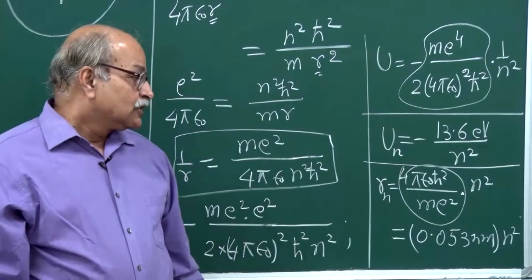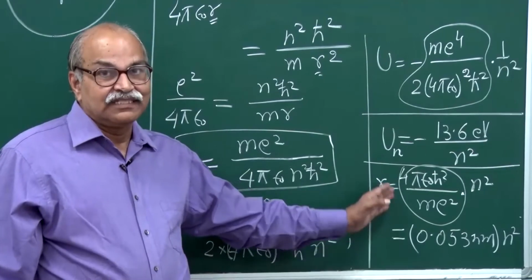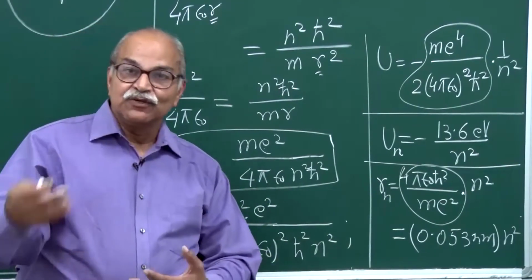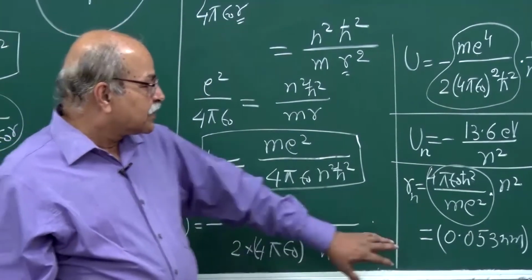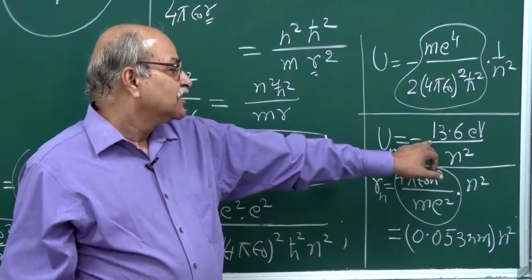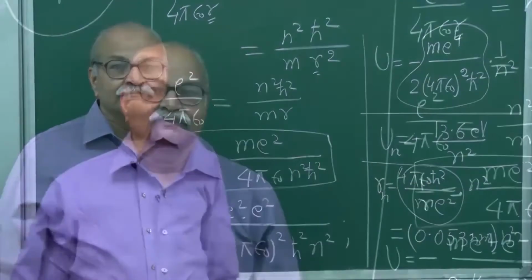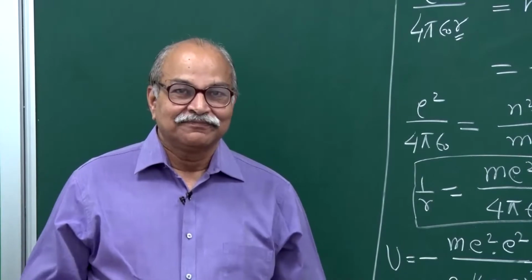If the electron chooses to be in one of these circles with these radii, it will not emit anything and it will continue in that particular orbit. And in that orbit, the total energy, kinetic plus potential, will be given by this expression. So how do I picture this hydrogen atom?